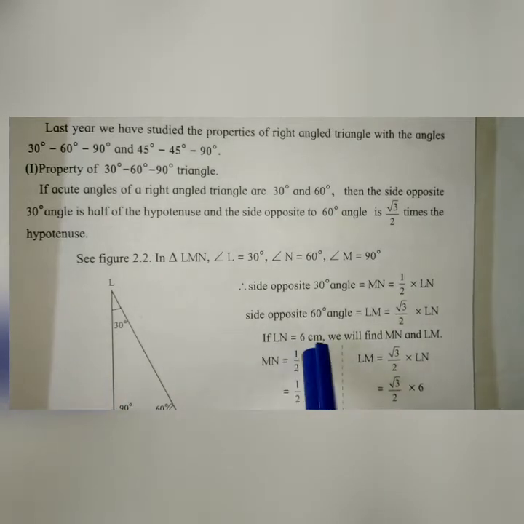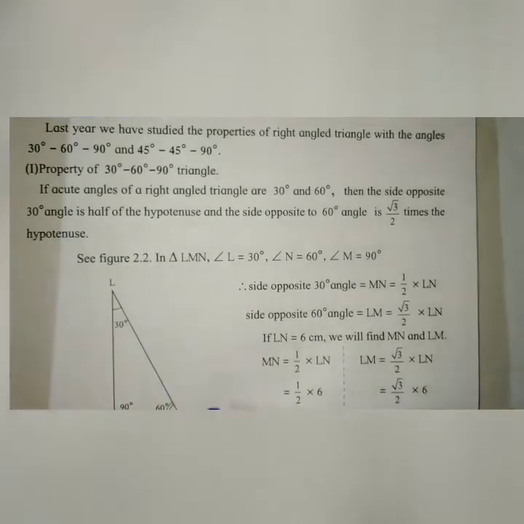Okay. Suppose LN is equal to 6 centimeter, taking the length of the hypotenuse as 6 centimeter. Then we will find MN and LM, the other sides. By using the property, MN is the side opposite to the 30 degree angle and LM is the side opposite to the 60 degree angle.